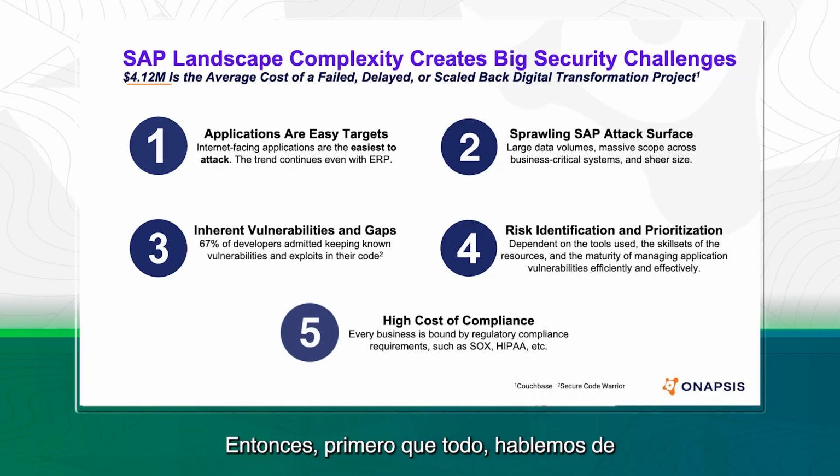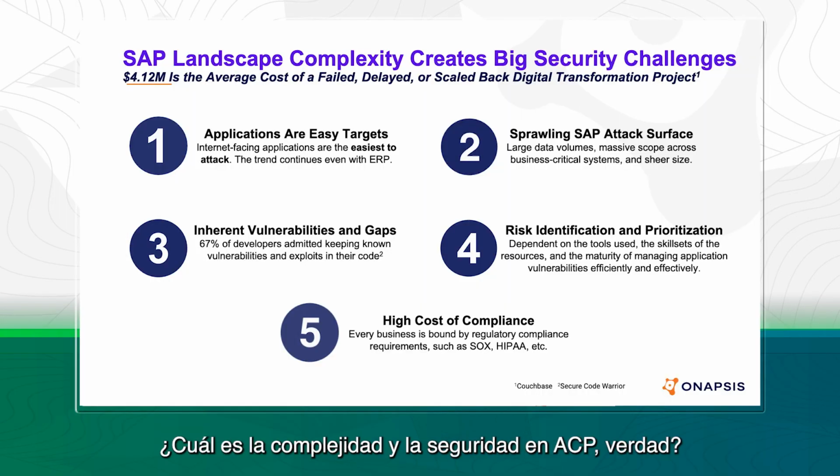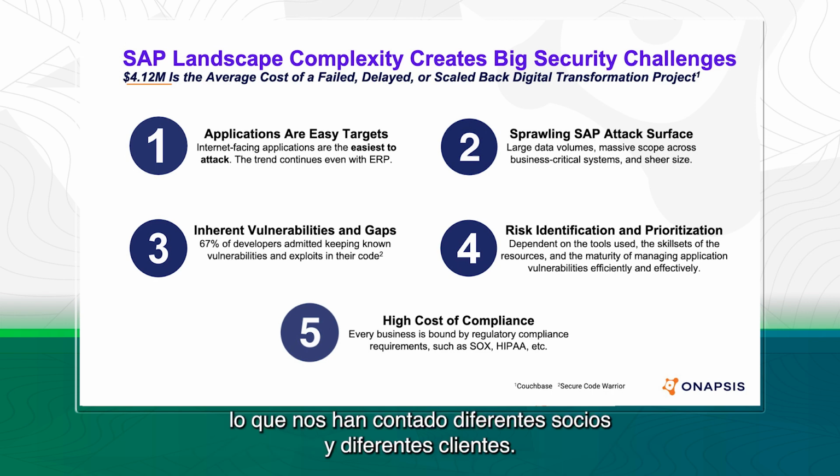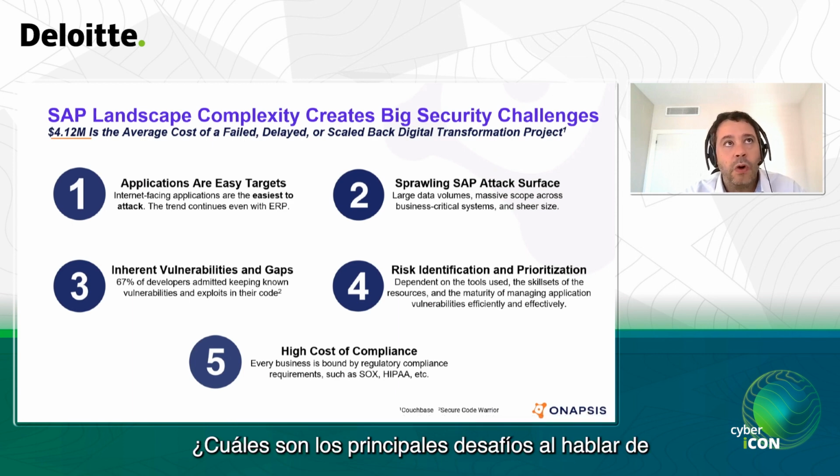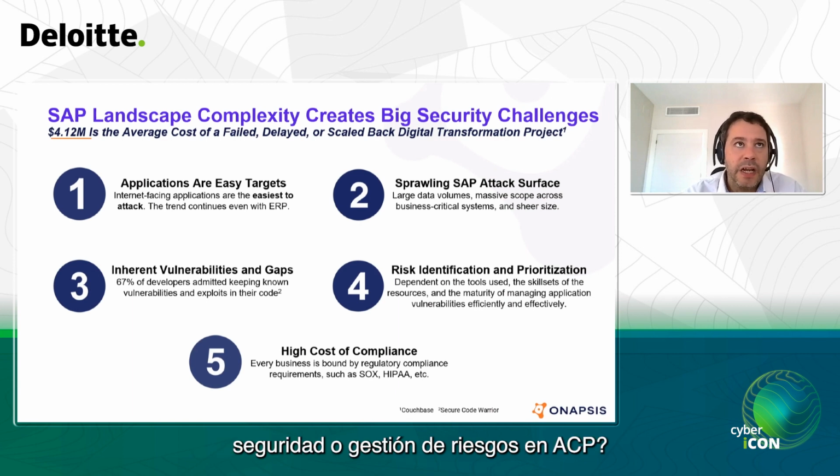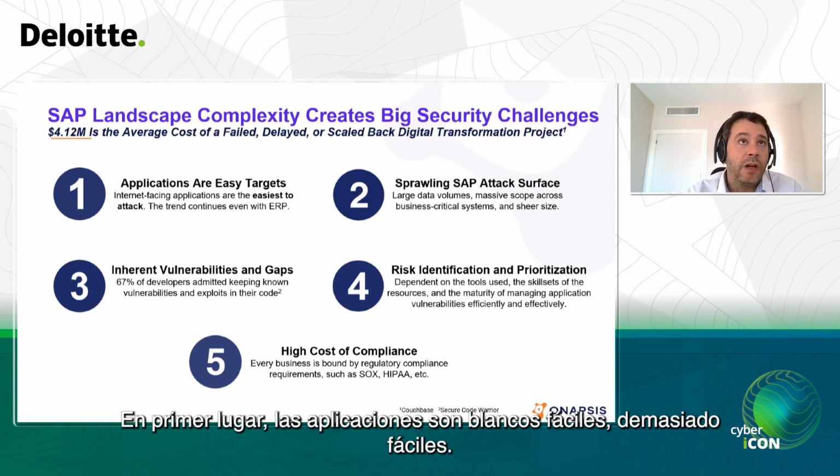So first of all, let's talk about the complexity of security in SAP. These 5 points are what we have been told by different partners and customers. What are the main challenges when talking about security or risk management in SAP? First of all, applications are easy targets.